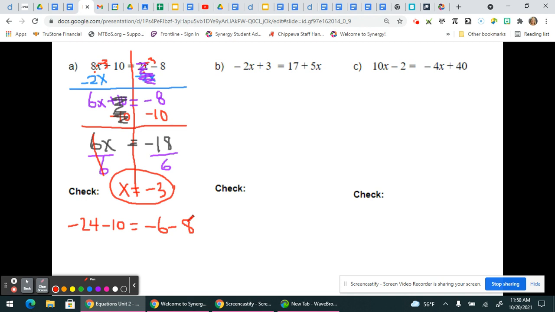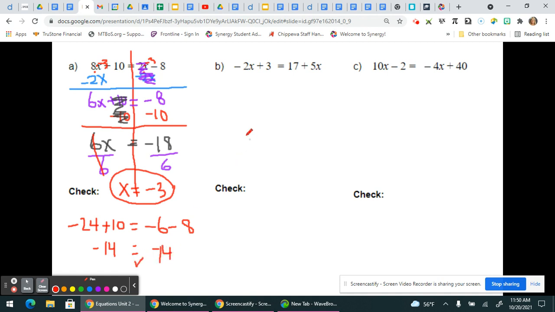Okay, so as I'm looking, this is an 8 times negative 3, so that's negative 24. Excuse me, this is a plus 10. That makes more sense. I was going to say something is off with Miss Glad's math. It's not. Negative 14, in fact, does equal negative 14. So we are good to go.